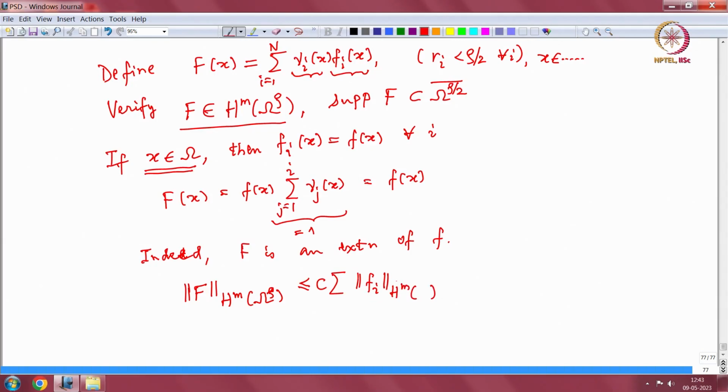But these are all extensions of f, so they satisfy the same estimate. So with another big constant, this is the norm of f in H^m of omega.